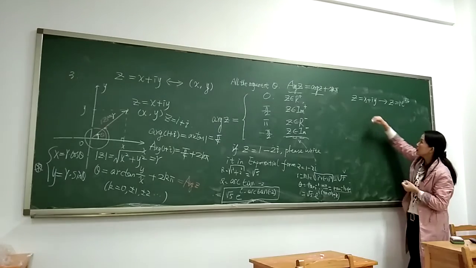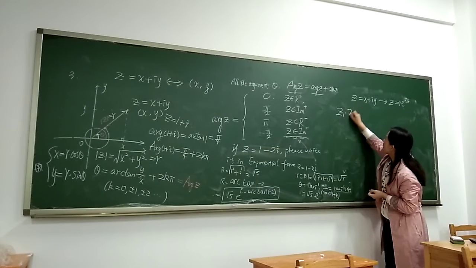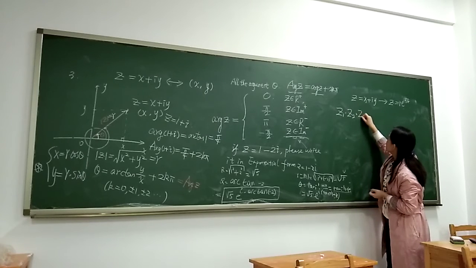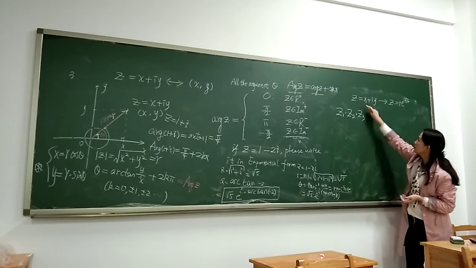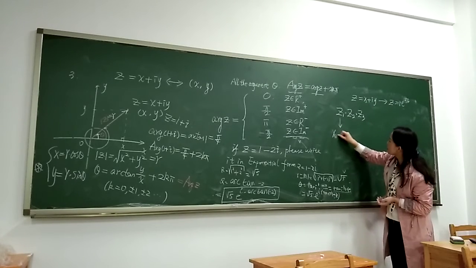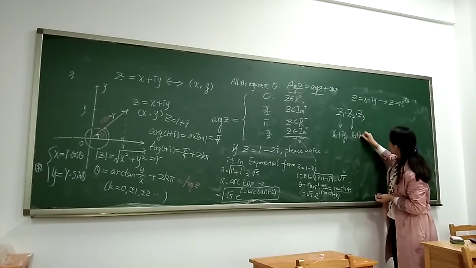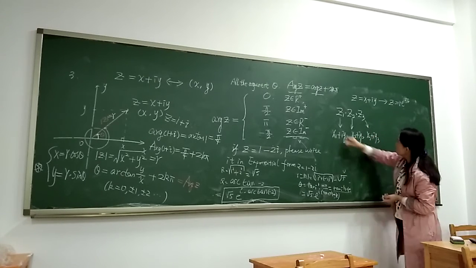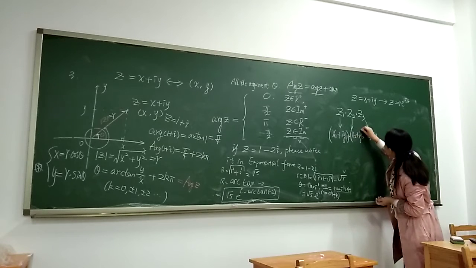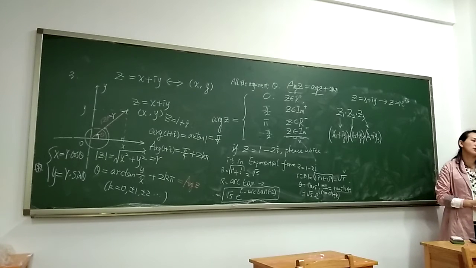For example, if you want to compute Z1 multiply Z2 multiply Z3, where Z1 is x1 plus i y1, Z2 is x2 plus i y2, and Z3 is x3 plus i y3, multiplying these is not easy.